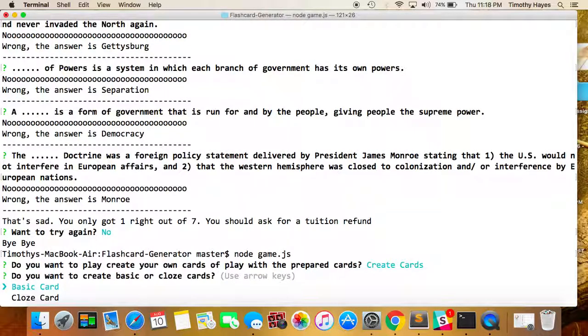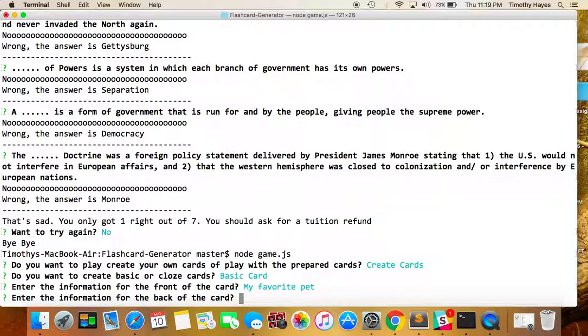So let's start with you get to choose between creating the basic cards or the closed cards. Let's start off with basic cards. And enter the information on the front, and we're going to say my favorite pet. And who's my favorite pet?